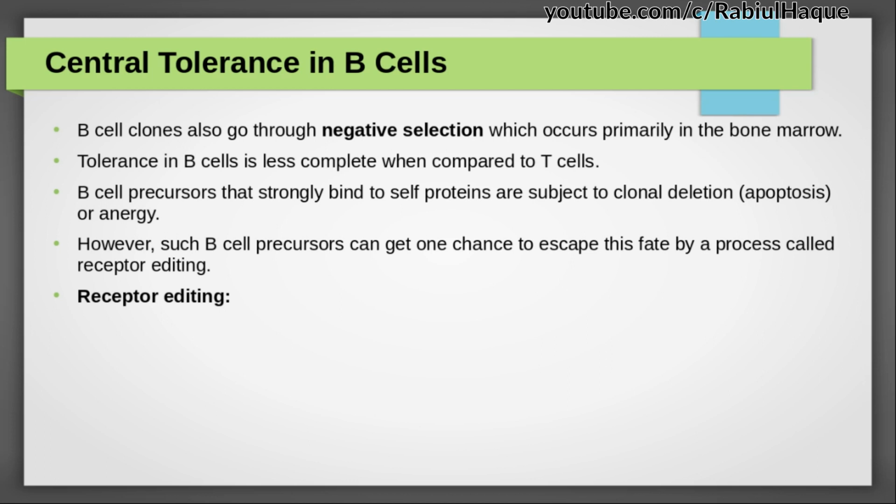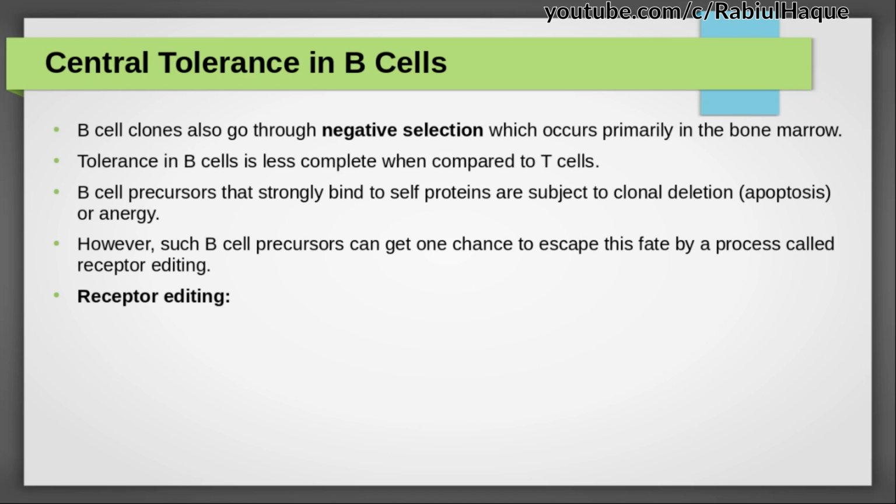Recall that we have light chain kappa and lambda, and the gene clusters that encode the kappa light chain are located in chromosome 2, and the gene clusters that can encode the lambda light chain are located in chromosome 22. And again, we have kappa and lambda genes from both our parents.